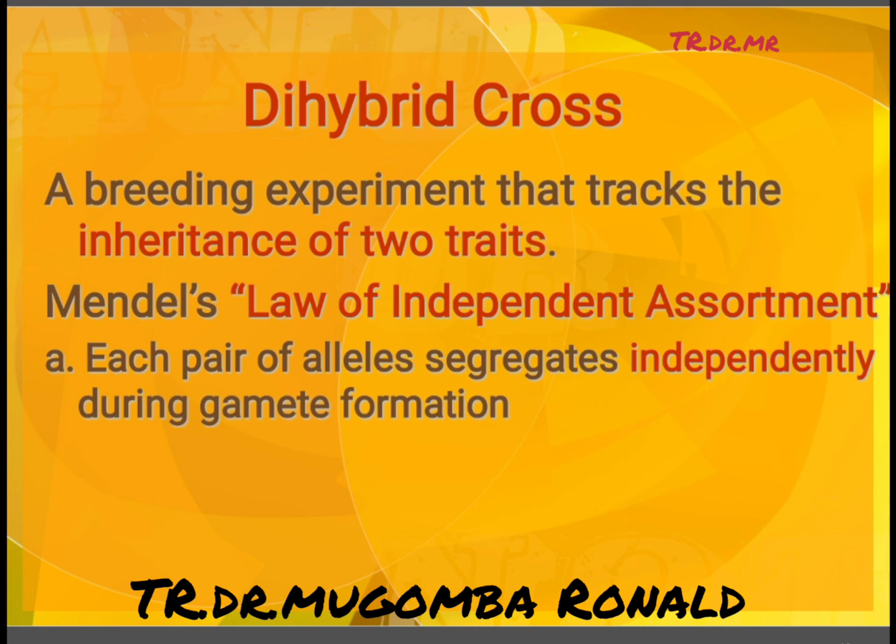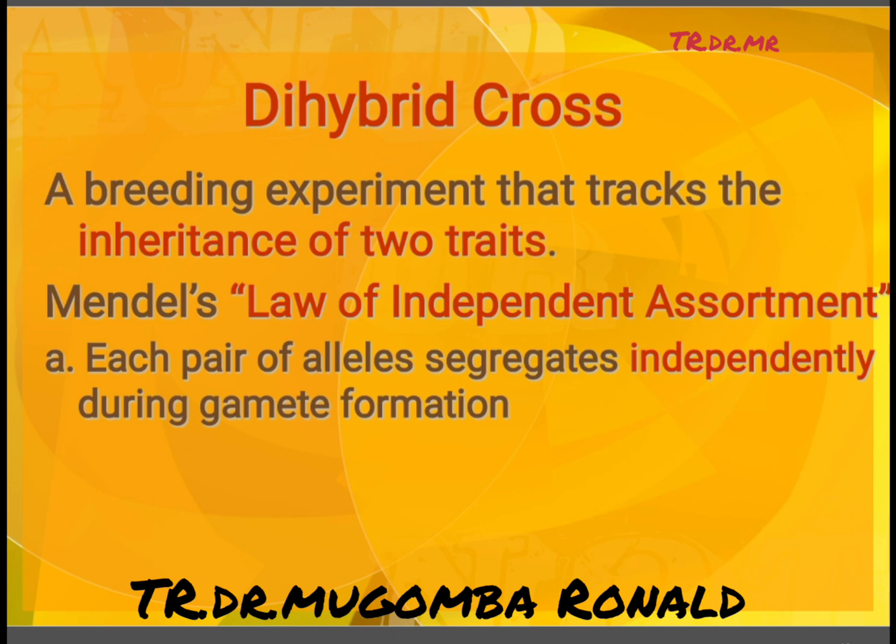tall and short. So when you look at those a pair of contrasting characters, those genes for the pair of contrasting characters are going to segregate amongst themselves independently. Okay? They are going to segregate among themselves independently. They are going to separate into the daughter cells independent of each other. That is the meaning of the independent assortment law.